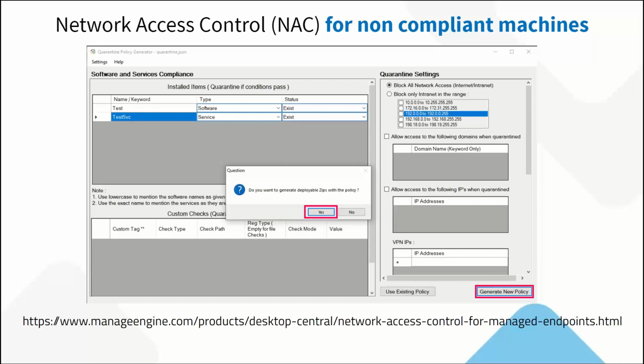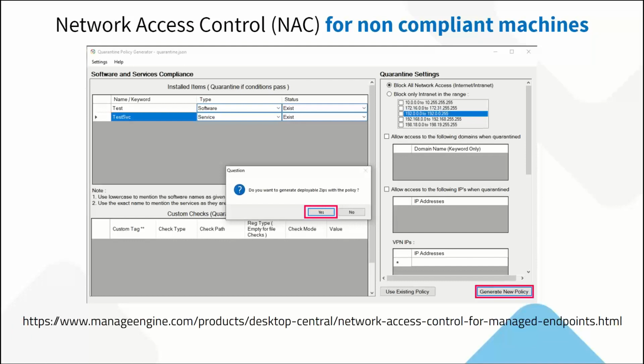The trust agent that I told you before checks your endpoint based on the policies that you configure right here. And on the right hand side, you have the quarantine settings. If the compliance policies are not satisfied, then you can set network restriction on such machines by fully blocking internet and intranet access, or by selectively blocking intranet access, allowing only certain domains and IP access, and so on.